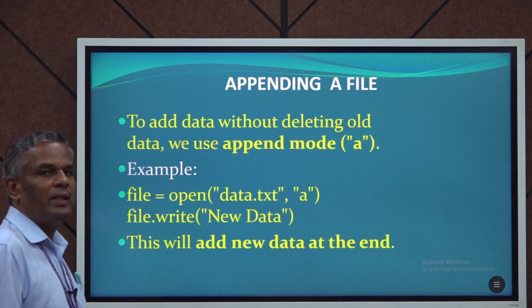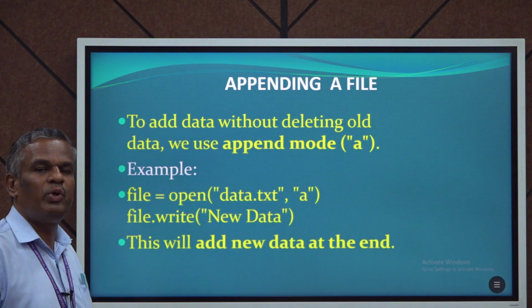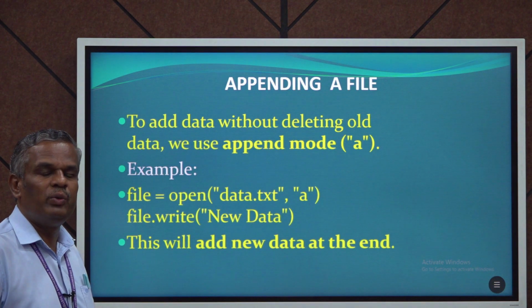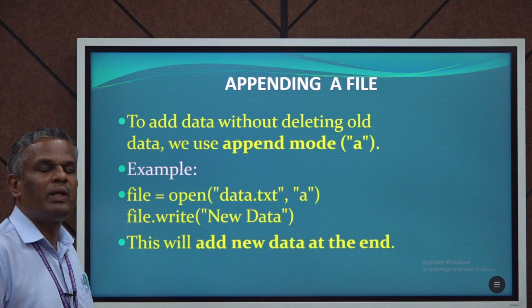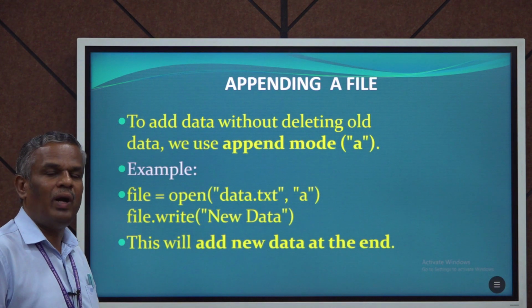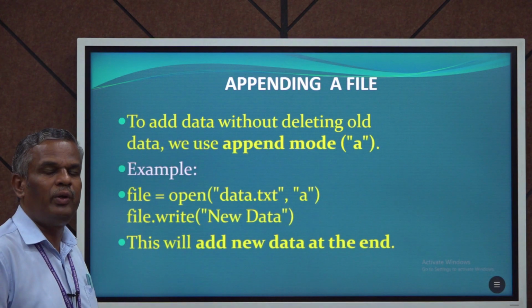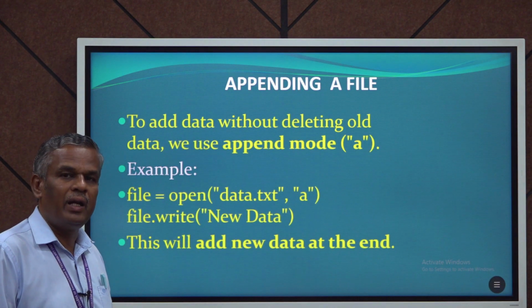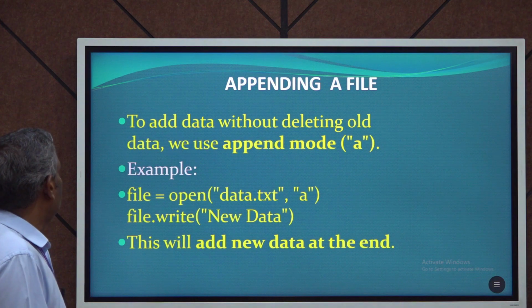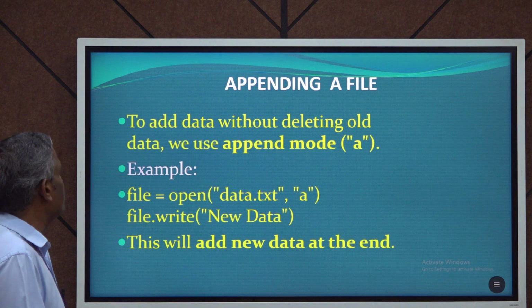So appending a file. The difference between appending and writing: if we use writing mode, all the previous data will be deleted. If we use appending mode, all the previous data will be available and whatever we write will be added at the end of the file. To add data without deleting old data we use append mode.